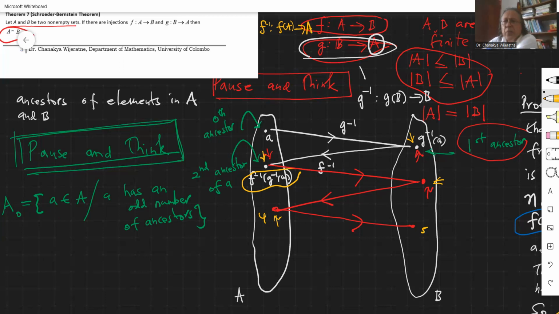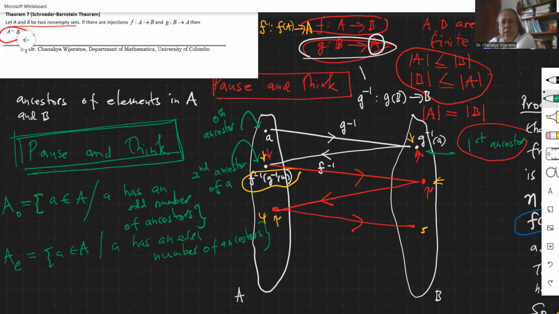Or we could have an element in A that has an even number of ancestors. This we denote by AE.